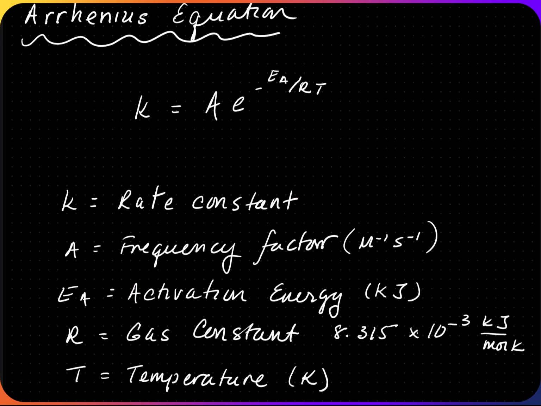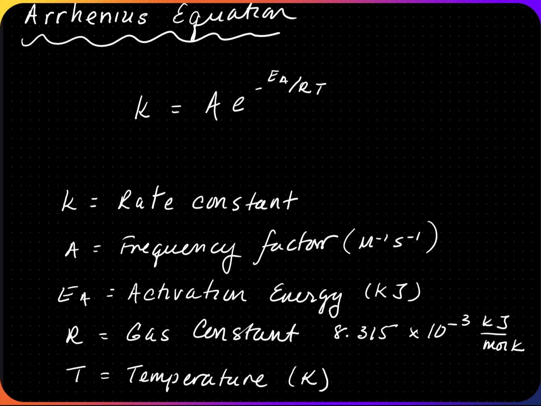So this leads us to the Arrhenius equation, which says k, the rate constant, is equal to A, which is the Arrhenius constant or the frequency factor, times e to the negative Ea, where Ea is the activation energy, usually in kilojoules, divided by R, which is the gas constant.